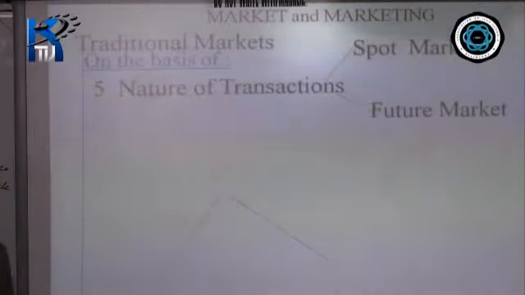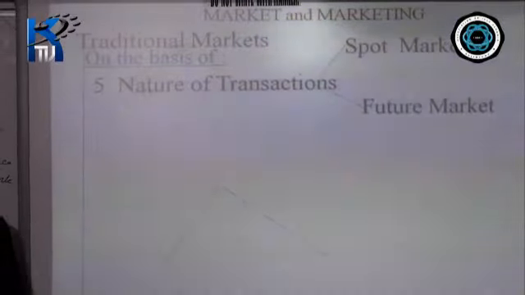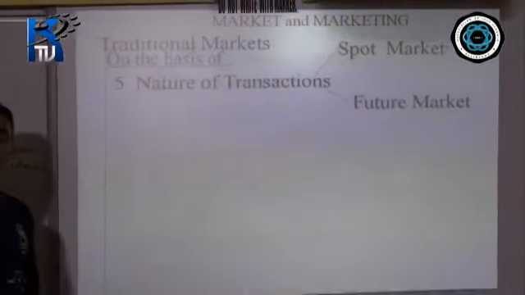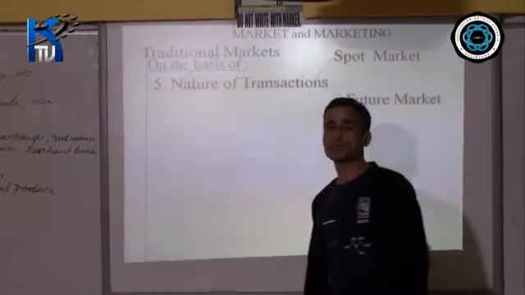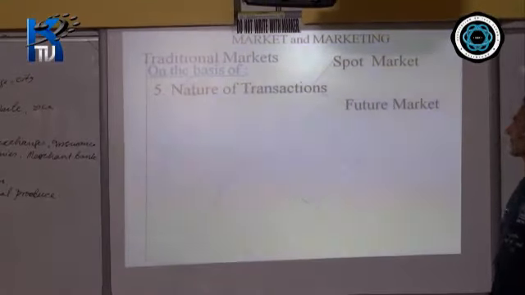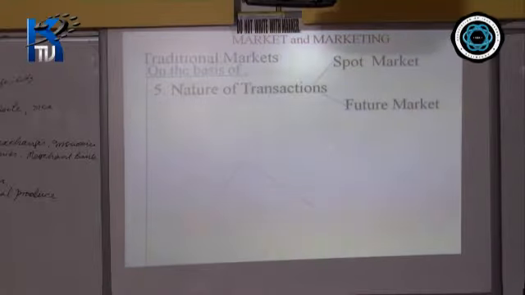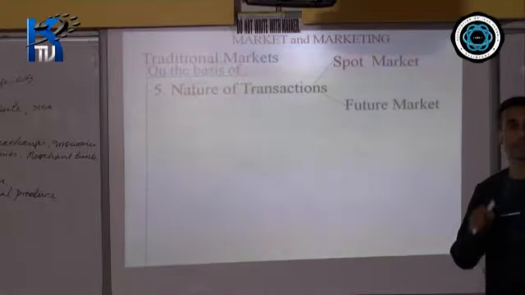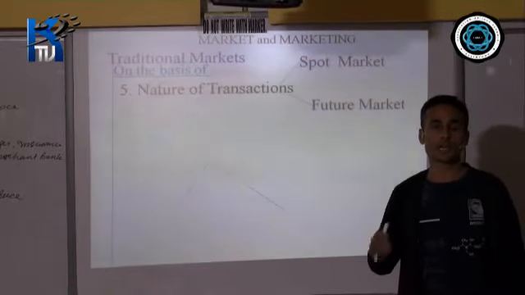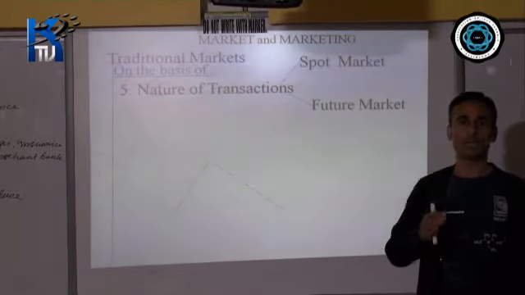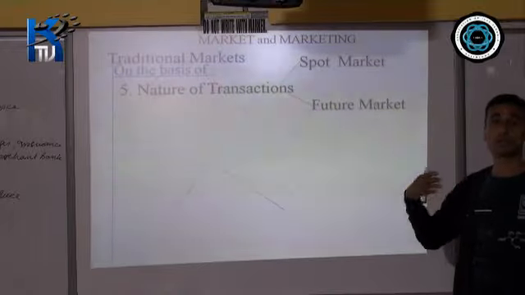Right? Then you have the future market. Now, when we talk about the future market, here the delivery of goods does not take place. The buyers and sellers come to an agreement to have a deal in the future. And this future market is mostly undertaken not to deliver the product. Rather, they will have the settlement for the profit or loss.